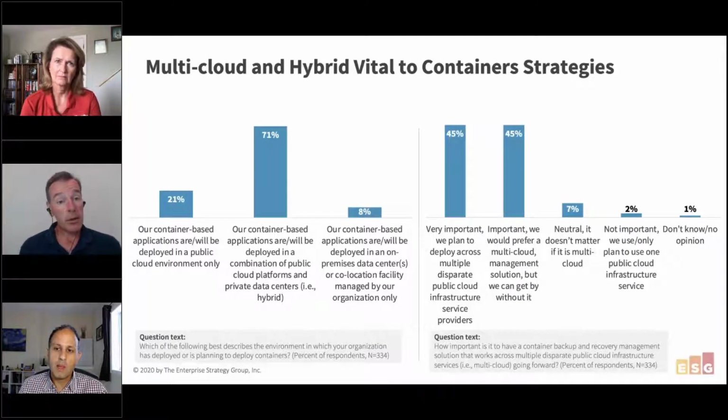Now, given that we're still early in the adoption of containers, as we know, it's going to really become mainstream in terms of where you have your applications live and run moving forward in 24 months. So another essentially half are saying, well, it's important, but I would still prefer a multi-cloud solution. So I think it gives you the general idea that if you're not looking at a vendor that has a multi-cloud or native multi-cloud type of solution for backup and recovery, it's probably not going to be the right choice.